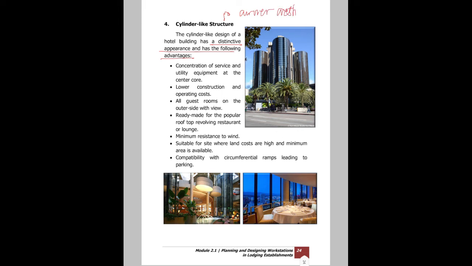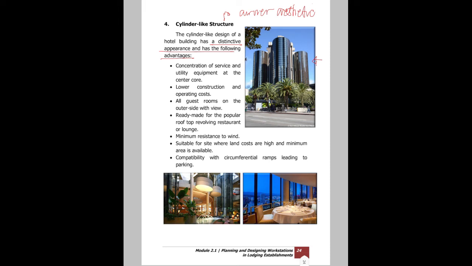Ibig sabihin, may kakaiba siyang ganda. May kakaibang look yung isang hotel. Kasi as you can see in the picture, ayan, para siyang isang malaking tube na tinatawag. Kaya lang yung tube na yon, isa siyang building, isa siyang hotel, or any other kind of establishments.